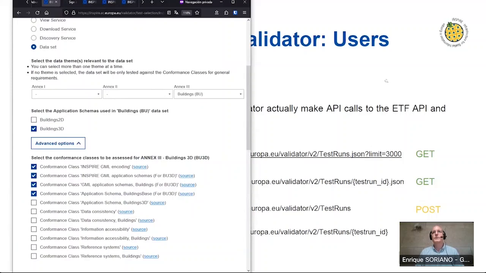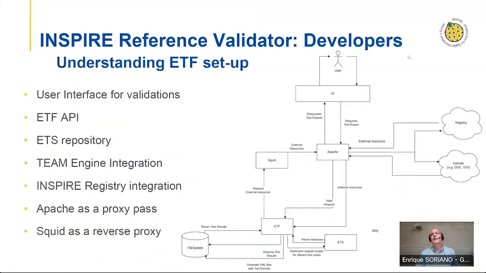Okay, so I hope the exercise has been illustrative from a user perspective on how to fix a metadata. You have the information available, and also how to fix a code list in a data theme.